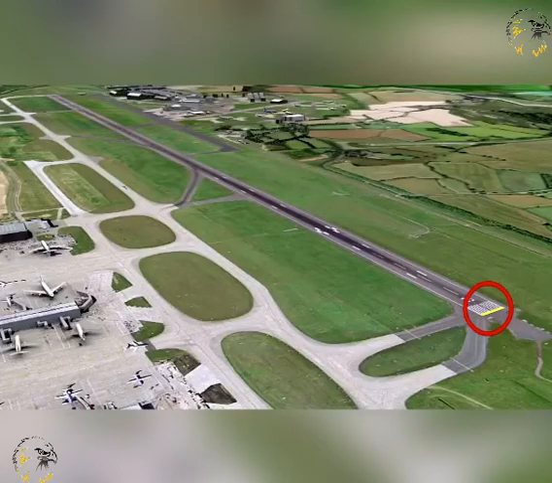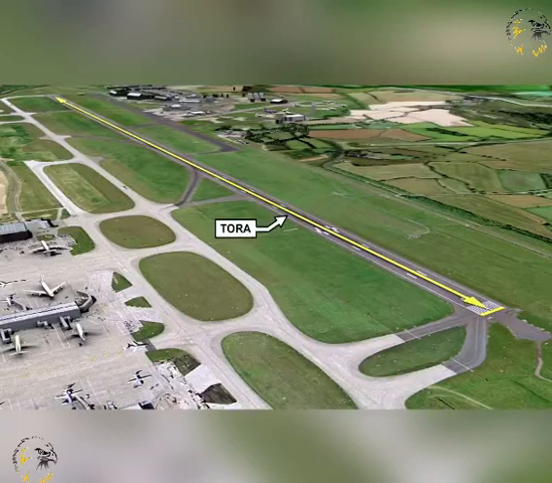The first of these distances to consider is the takeoff run available. It is defined as the declared length of runway, starting at the point from which an aeroplane can commence the takeoff and ending at the nearest point which is unsuitable to bear the load of the aeroplane under normal conditions.